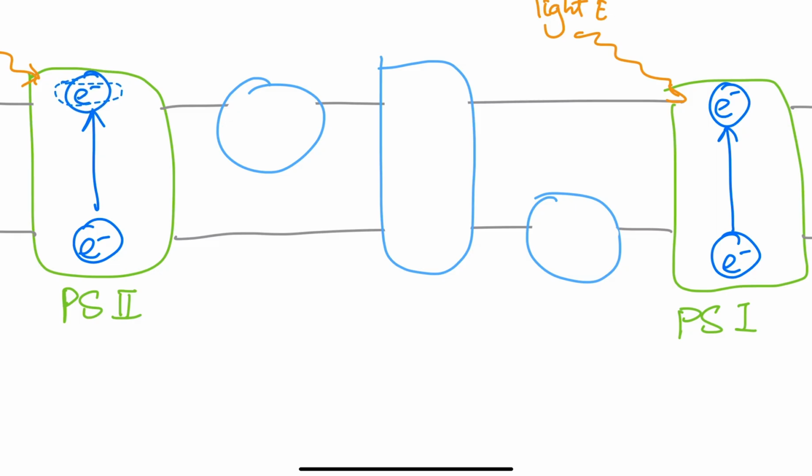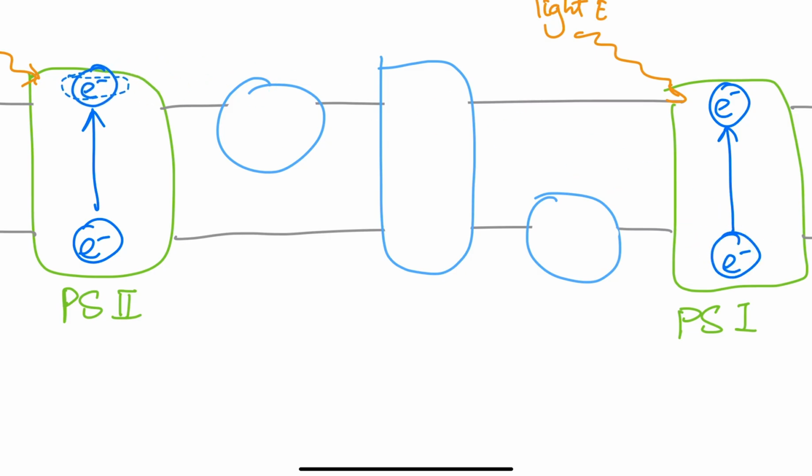From here, it's gonna move to this energy carrier, then the next, then the next. And if you have realized, as it goes down, it actually releases energy. So it's similar to oxidative phosphorylation, so keep that in mind. And eventually my electron here is going to replace my electron in photosystem 1.